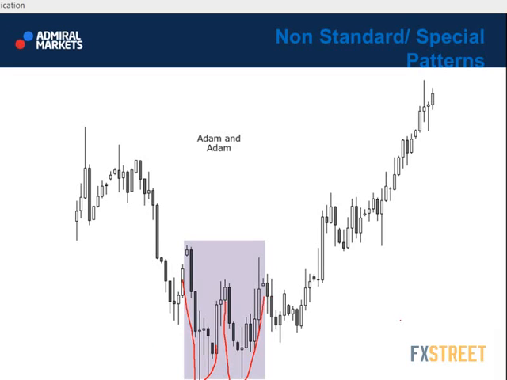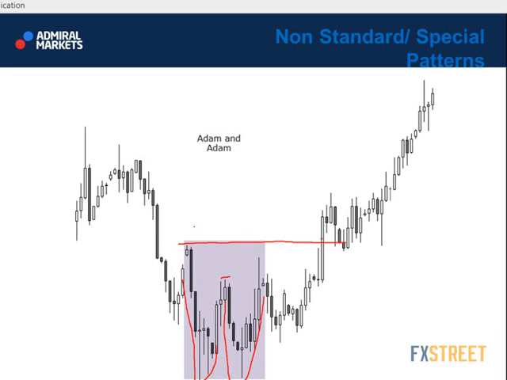And how you can trade this pattern, basically you can trade it the same way as the W, but the only exception is you should go at the top of Adam and Adam. So if this is the top, definitely you should go long here, not here at this point break. So you should go at this point break here, okay?